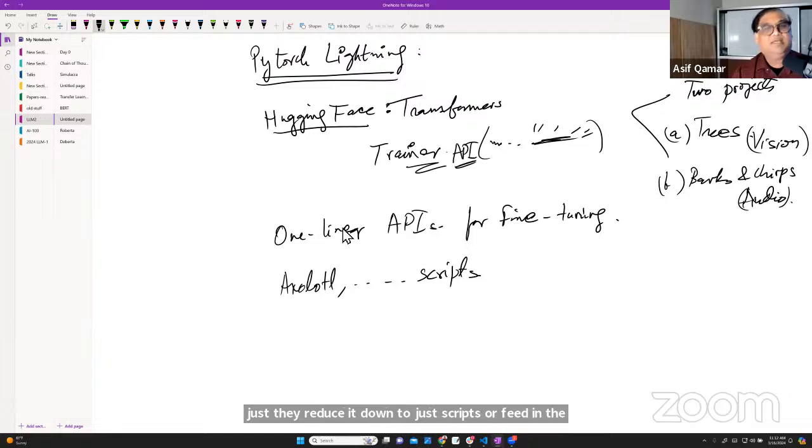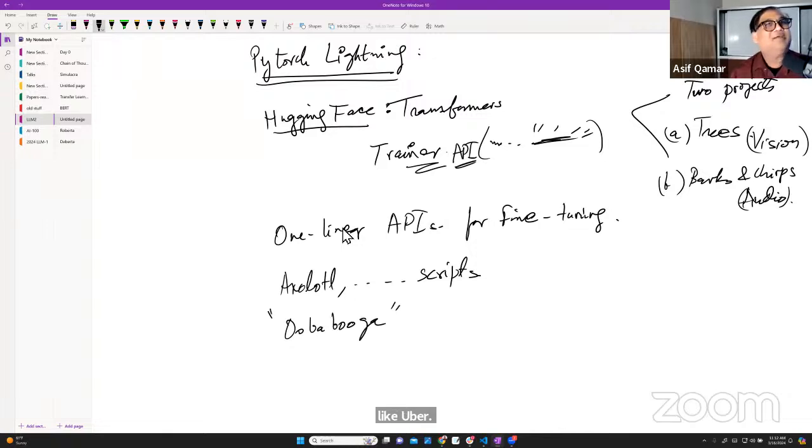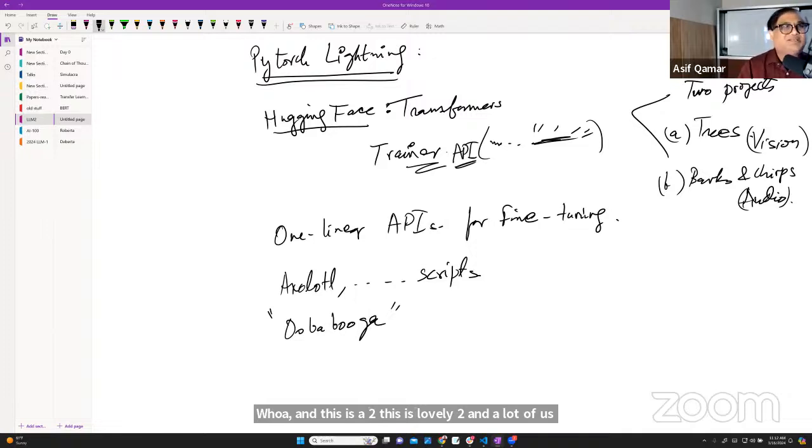Then comes even higher level tools like Oobabooga, lovely name, Oobabooga. This is a lovely tool, and a lot of us were very fond of it. And there are some alternatives coming out for this. By the way, one-liners, in this category I would put the XLLM. We'll cover that. And all of these links are there in your course portal now.